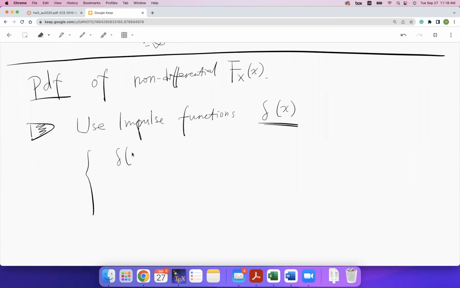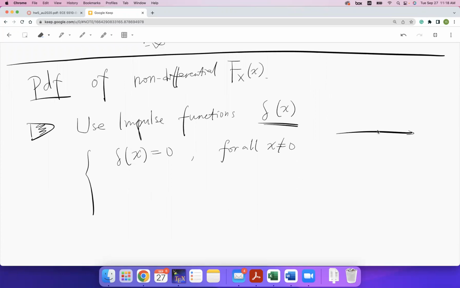The impulse is 0 everywhere except for the origin.